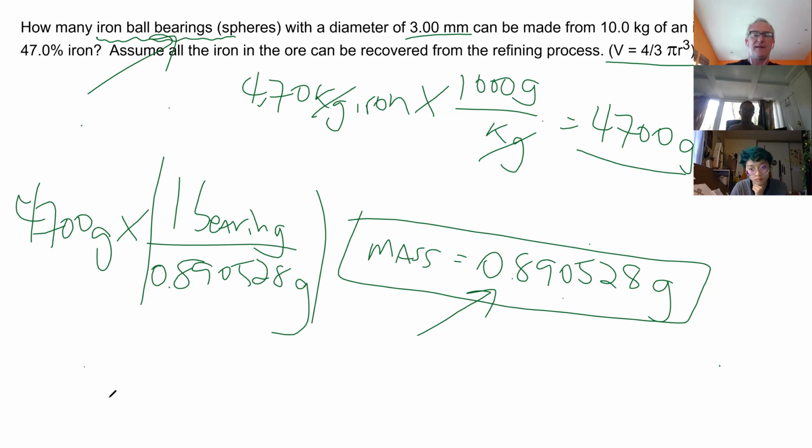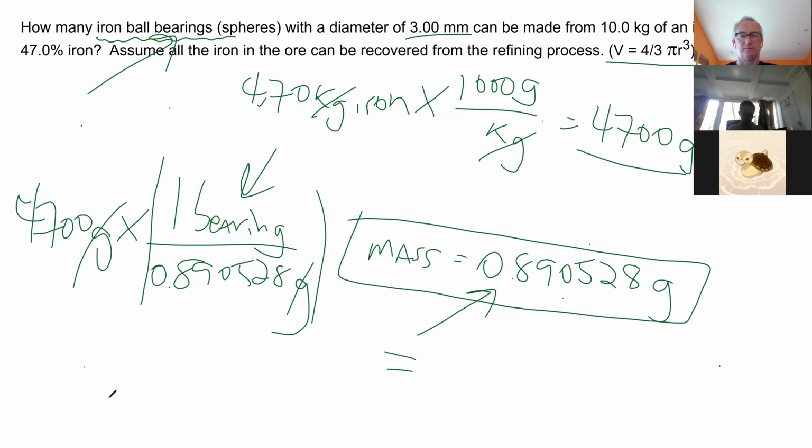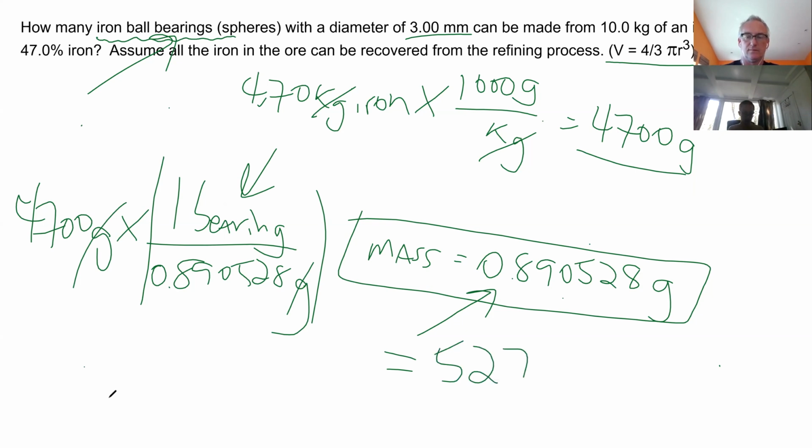So when I'm converting units, I have to have a unit I'm converting to. In this instance, I'm converting grams to bearings. So I multiply 4,700 by 1 and divide by 0.890528. And what's my answer? 5277.767 bearings.